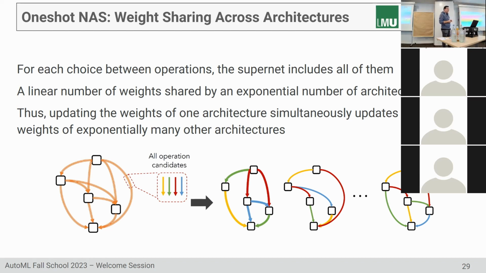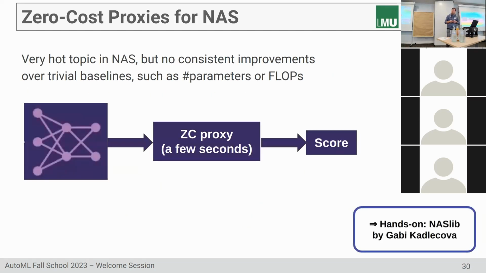Having spoken a lot about different search spaces we can consider in neural architecture search, what we can also look at is how to speed up evaluation. One very hot topic within the past 2-3 years is zero-cost proxies for neural architecture search, where you try to estimate the performance of a neural architecture just by means of a single pass.